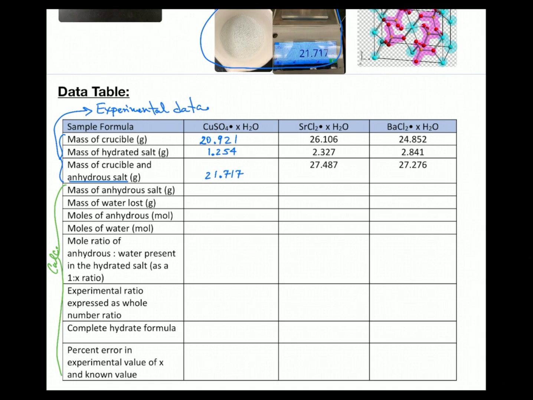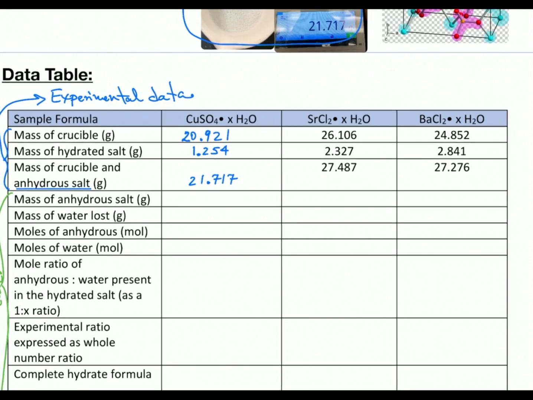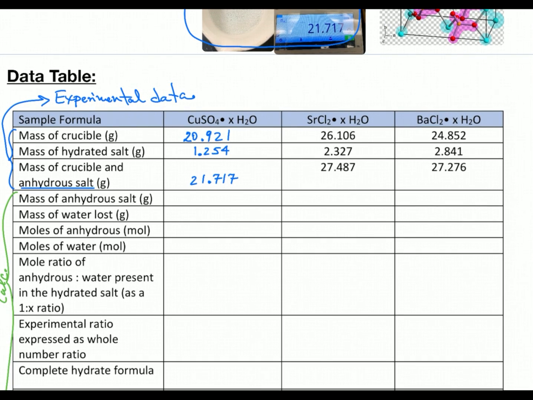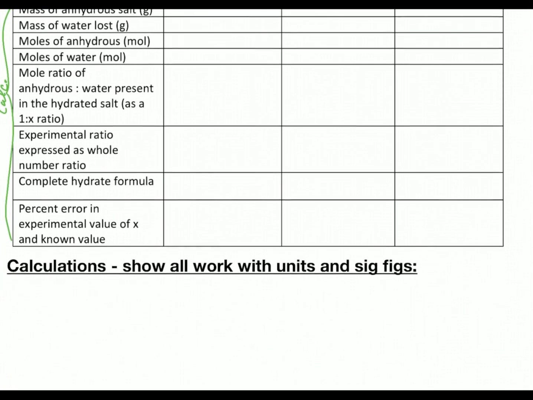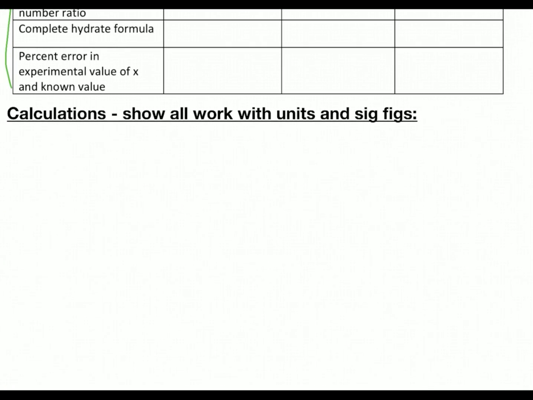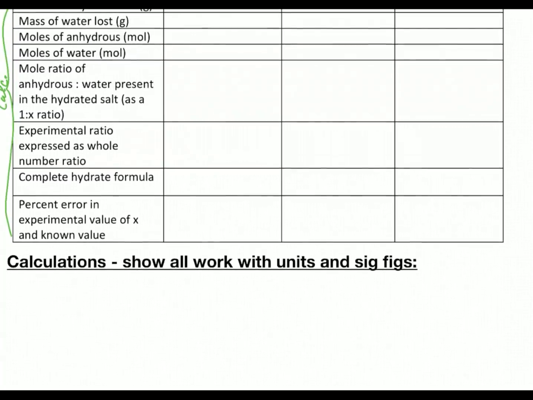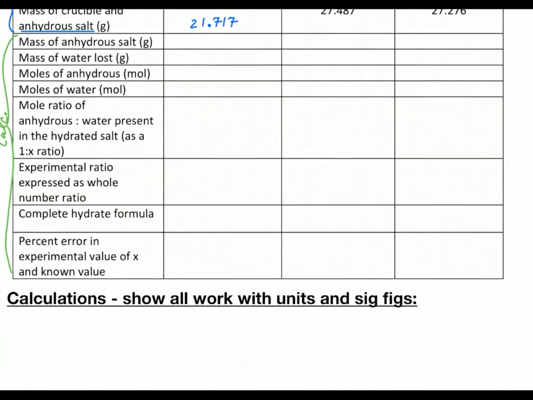All right, so we need the mass of the anhydrous salt for the copper sulfate. How are we going to go about doing that? Well, let's come down here and let's go through this logically. If we need the mass of just the anhydrous, then we have to realize that what we know is the mass of crucible plus anhydrous.